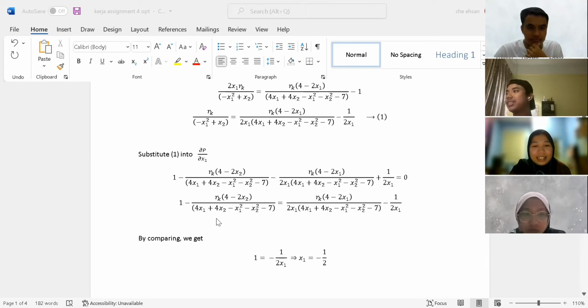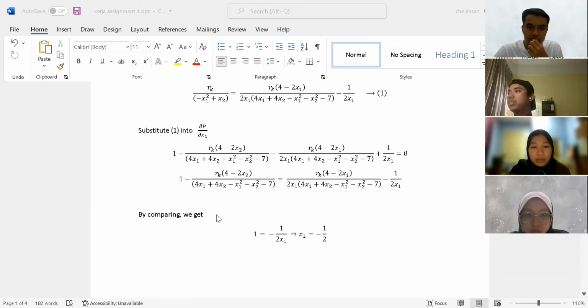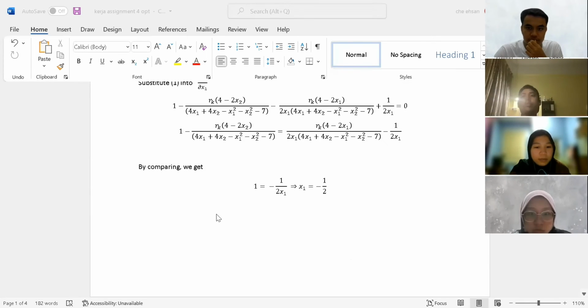After we substitute and calculate this equation, we can get x1 by comparing this equation. So 1 equals negative 1 over 2x1, and then x1 becomes negative 1 over 2. So I will pass to the next presenter.